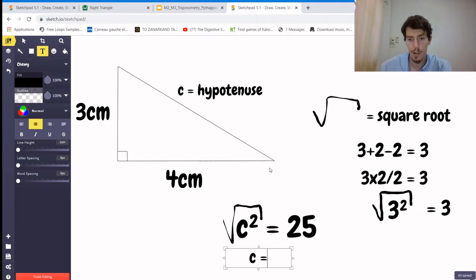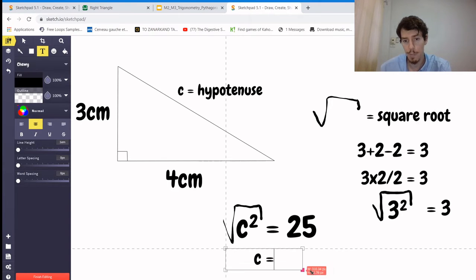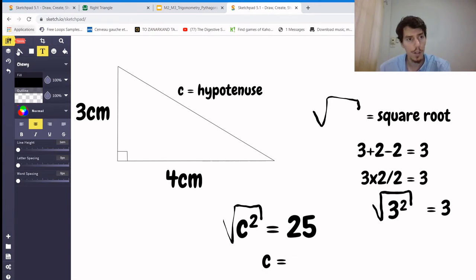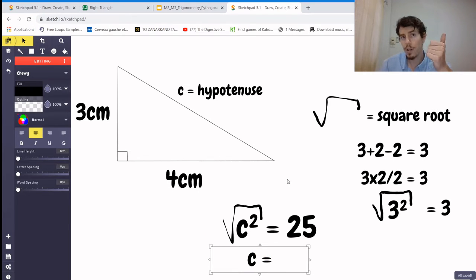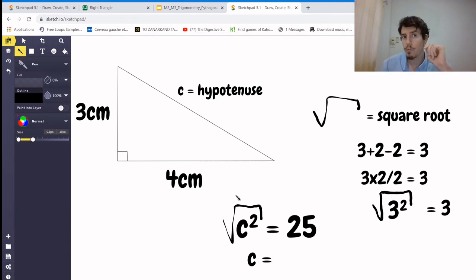Okay, c squared, we take the square root, now we have c, but it's the same thing. If we do the square root on the left side, we have to do it on the other side, okay? That's very, very important. When you take the opposite of something, you do it on the two sides of the equal.